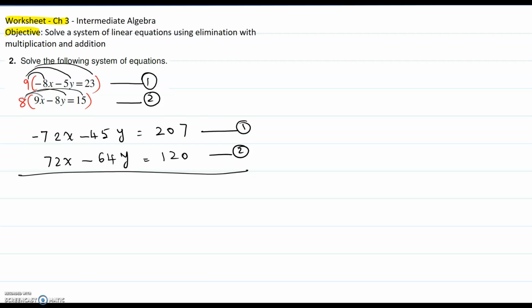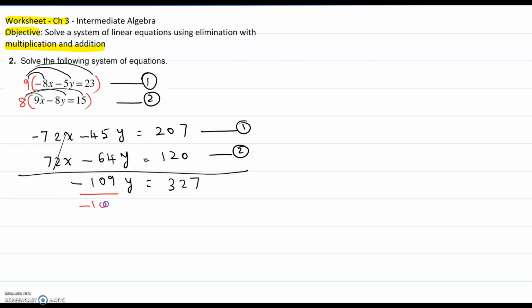Now the problem also tells us a technique to use and solve the equation. So it says with the multiplication and addition. What we did just now was multiplication. Now we are going to add the two equations. So if you add them, negative 72x gets cancelled with positive 72x, and this one will give us negative 109y equal to, if you add these two, that gives us 327.